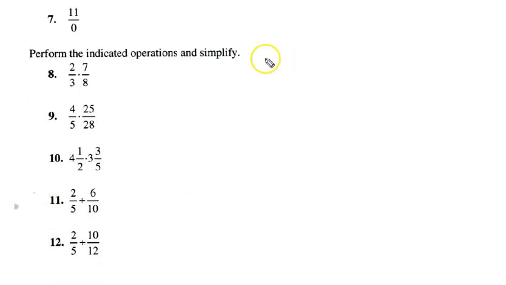Now, in these next few, we're going to multiply, and then later we'll do some division. Now, multiplying, we can think of all of this as 2 times 7 over 3 times, now this 4 we can factor into a 8, factor into 2 times 4 here.